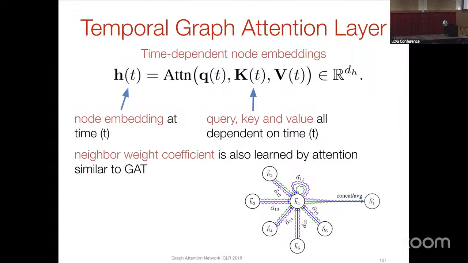The goal is to generate time-dependent node embeddings, which means that your node embedding and the weights you assign to pull over your neighbors are all changing over time. So this now becomes quite complex as well. The model has a lot of degrees of freedom to change the distribution of the importance that it assigns to the neighbors and shift that over time as well.